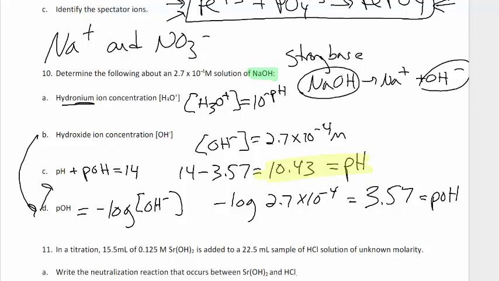Now because the pH is not a whole number, we want to fix this in our calculator. So what you want to do is 10 caret negative 10.43. And that will give us the right form of scientific notation, which is 3.7 times 10 to the negative 11th for the hydronium concentration.